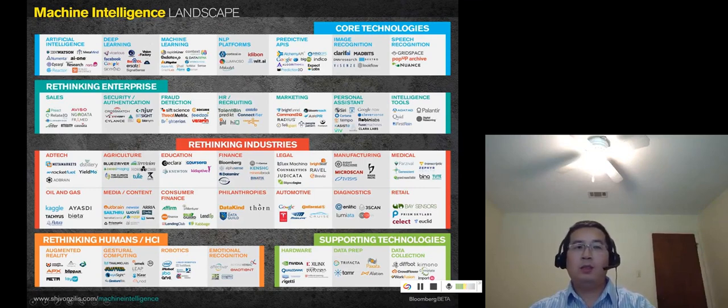Machine learning, NLP, natural language processing platforms, and the predictive APIs. This is related to statistical learning. We use some statistical learning to do the prediction, called predictive statistical learning, and image recognition.